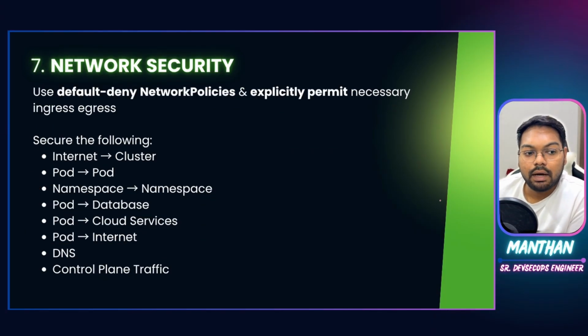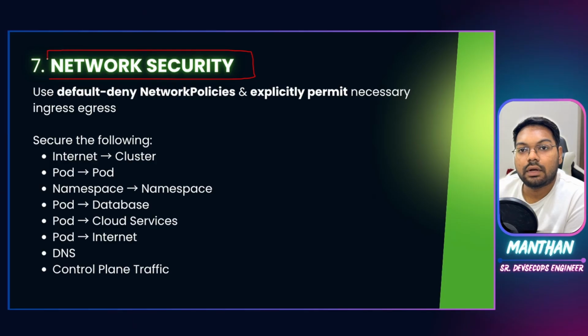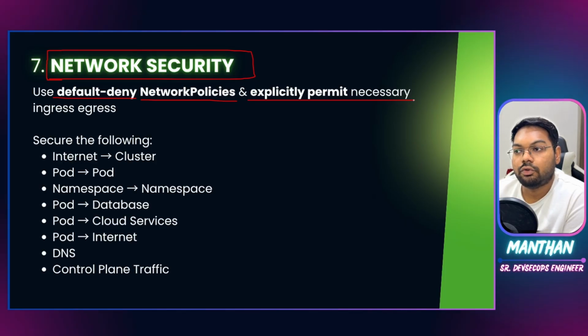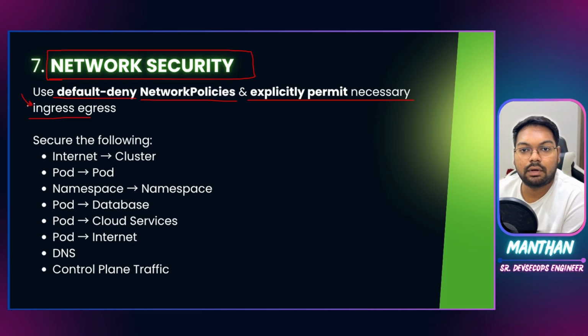Then comes the part where we want to secure the network that is associated with the cluster and the AWS environment. So default deny for network policies, and explicit permissions should be necessary for ingress. Ingress means incoming traffic. Egress means outgoing traffic.